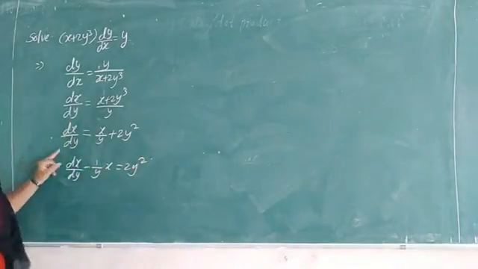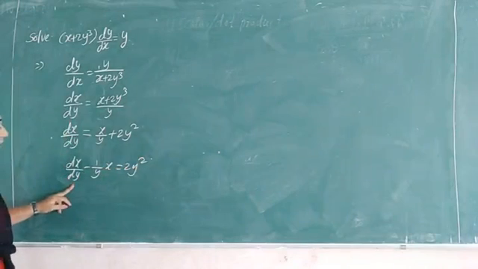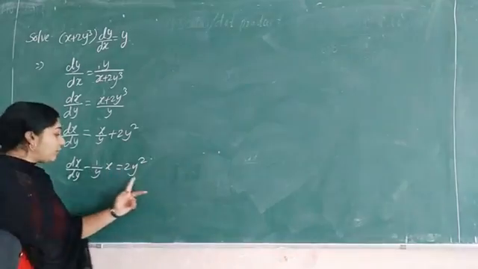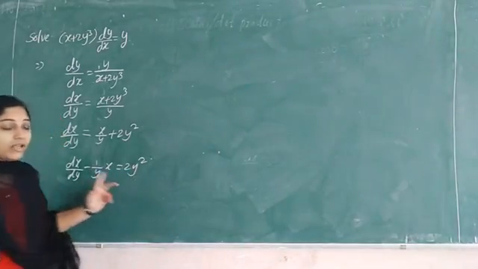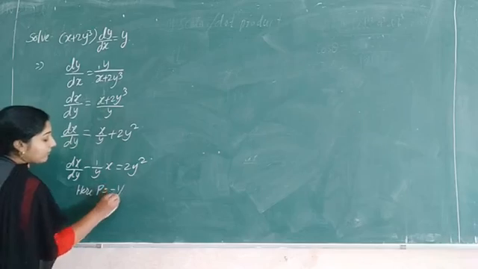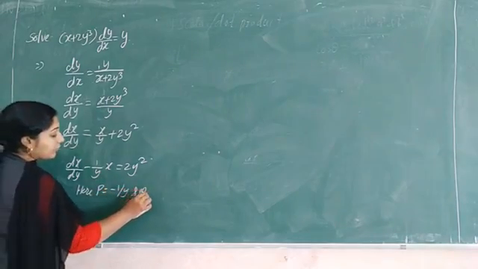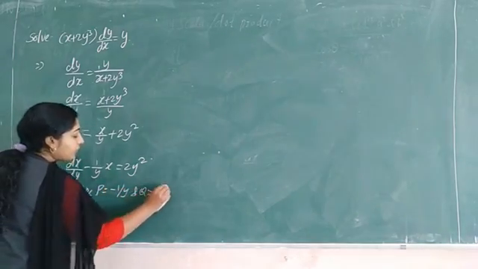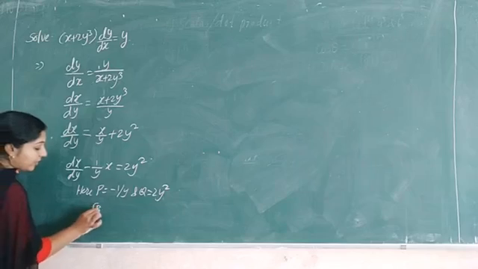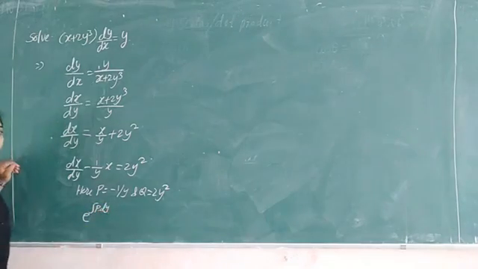Now see, this is an equation in the form of dx by dy plus p into x is equal to q, where p and q are functions of y. So here p is equal to minus 1 by y and q is equal to 2y square. Then find the integrating factor, e to the power of integration of p dy with respect to y.